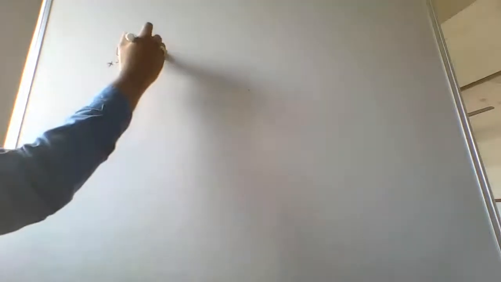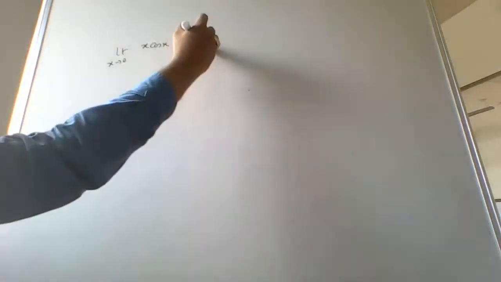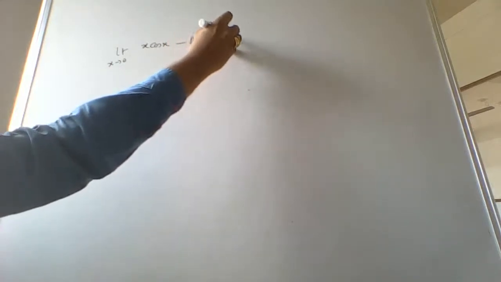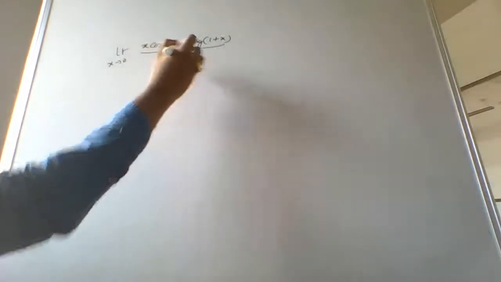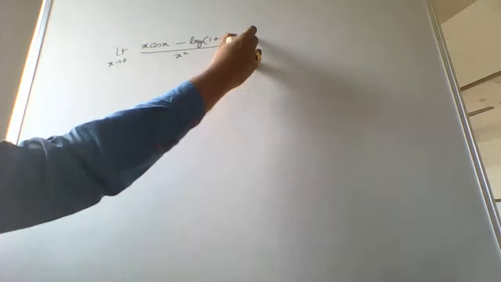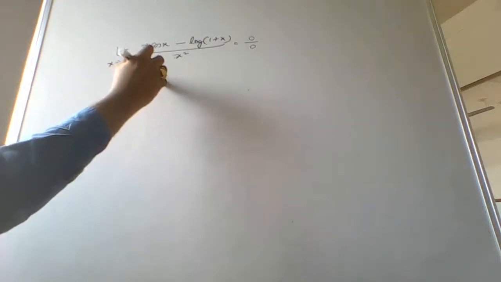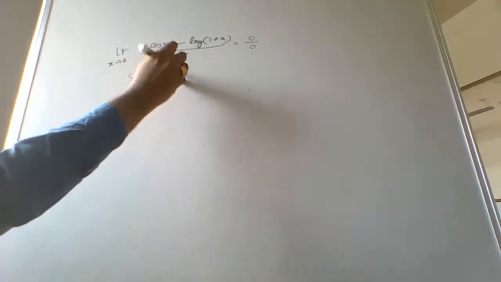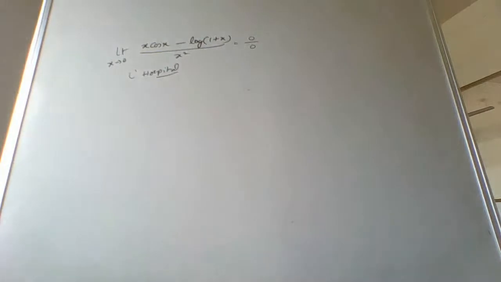x cos x minus log of 1 plus x, divided by x square. Now when you put x equal to 0, again I get 0 by 0. Okay. Now using L'Hopital's rule here again, differentiating the numerator and the denominator with respect to x.